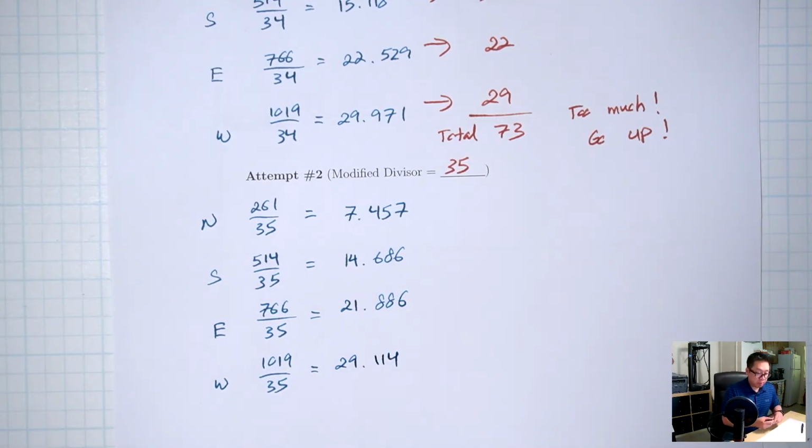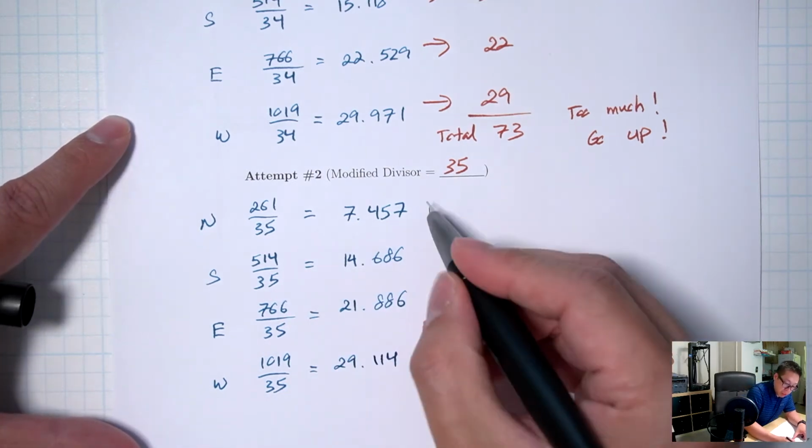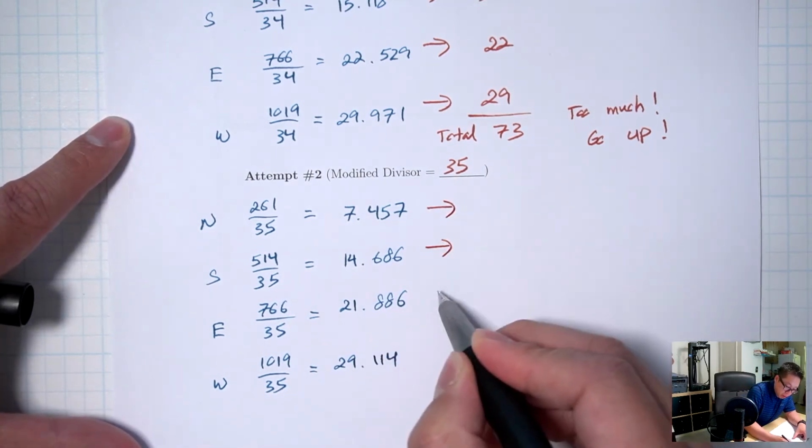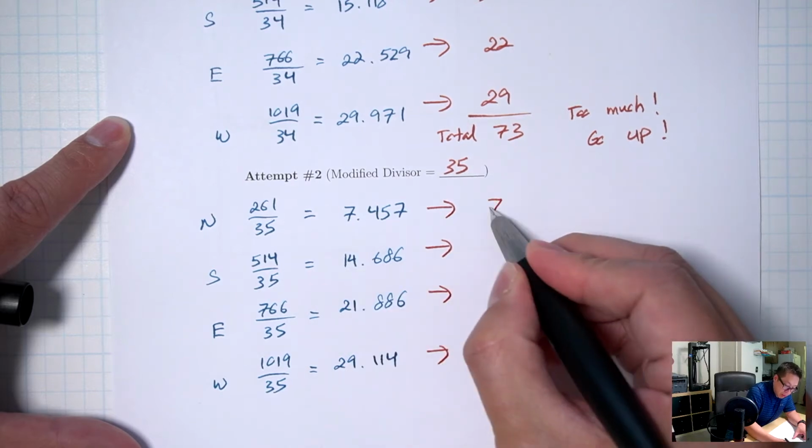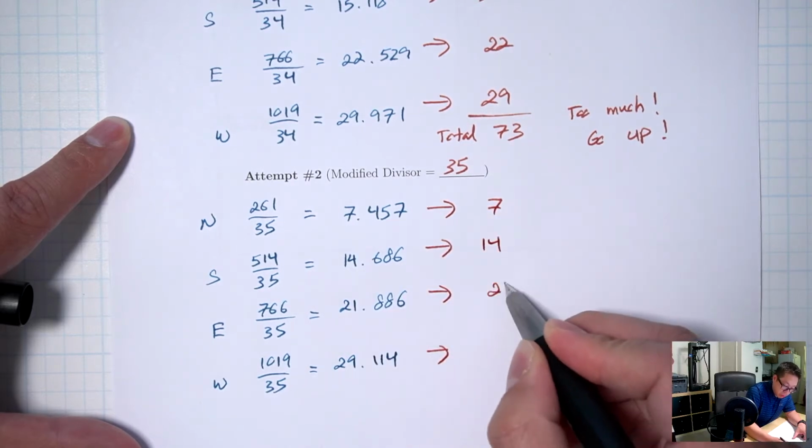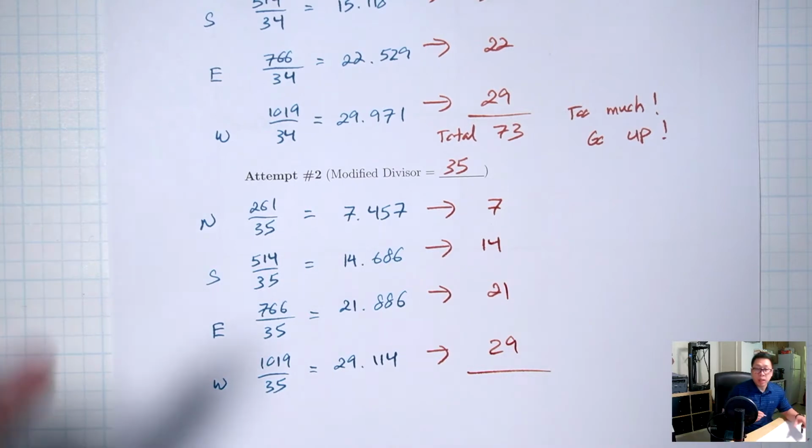Round down, which is the same thing as just ignoring the decimal. So we'll get 7, 14, 21, 29. And then you'll check the total.